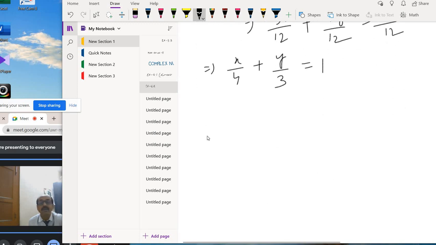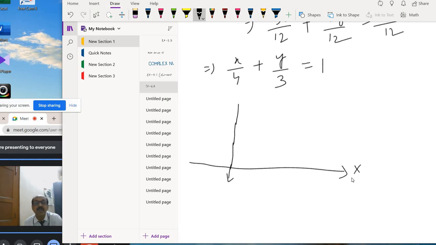Now draw the x-axis and y-axis. X, y, this is the origin.